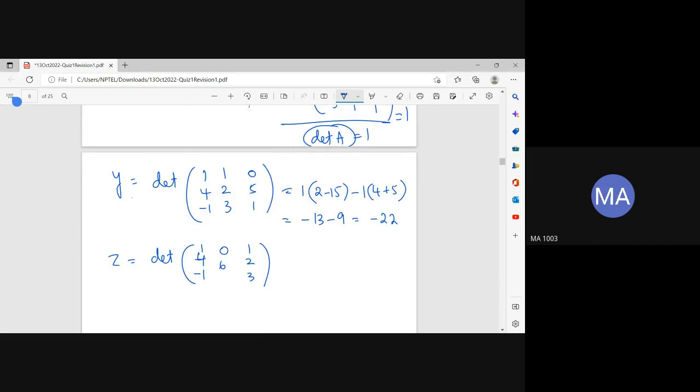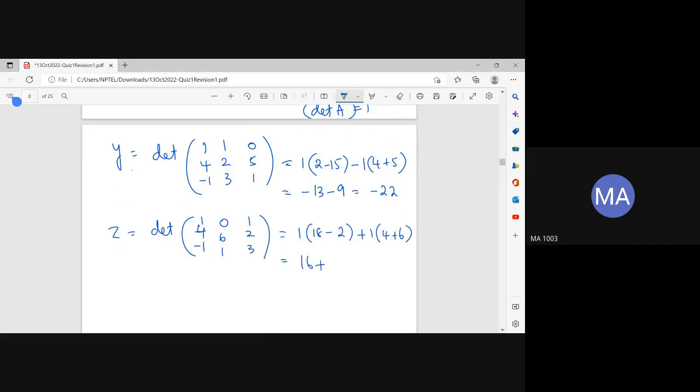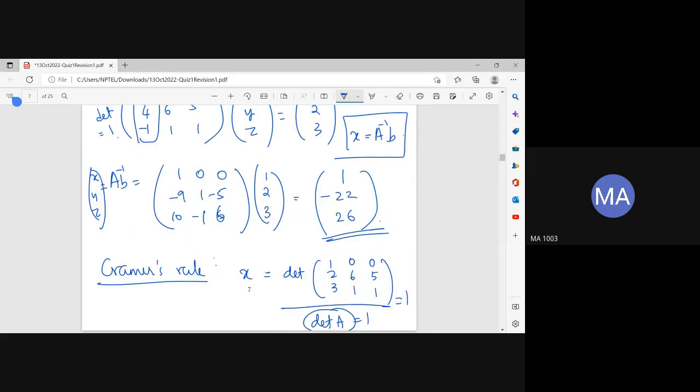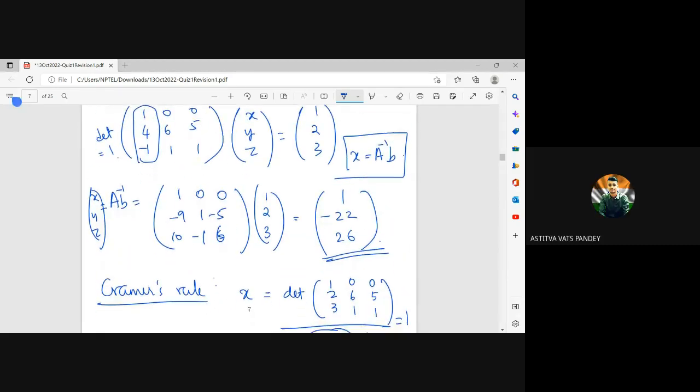So first row again, 1 times 18 minus 2 plus 1 times 4 plus 6. 18 minus 2 is 16 plus 10, 26. Does it match? Yes, ma'am. So we can find the solution in 2 different ways.